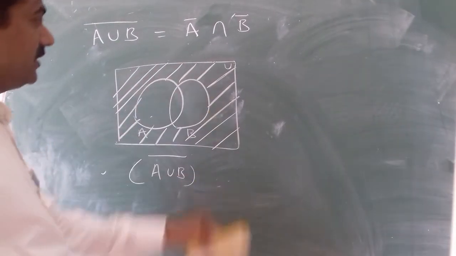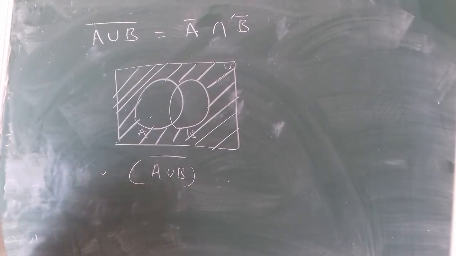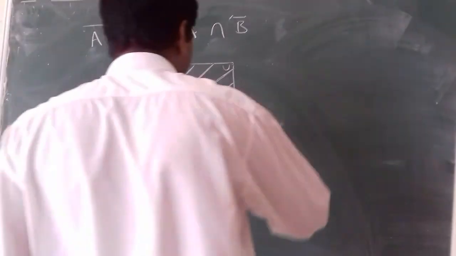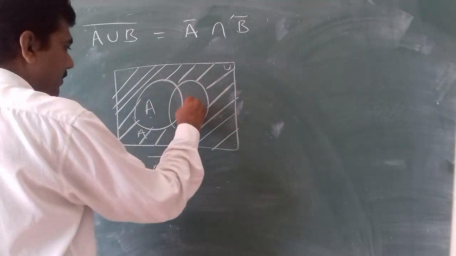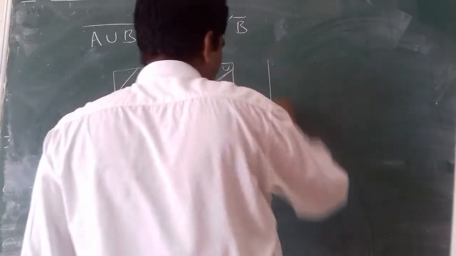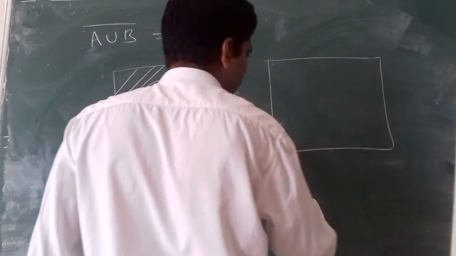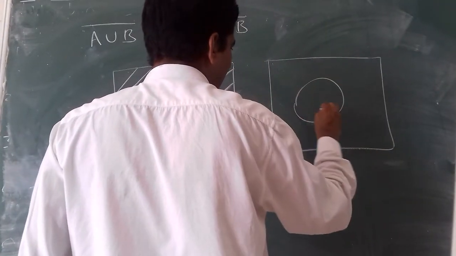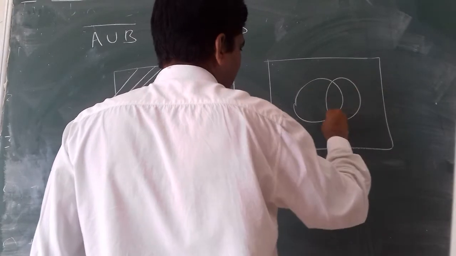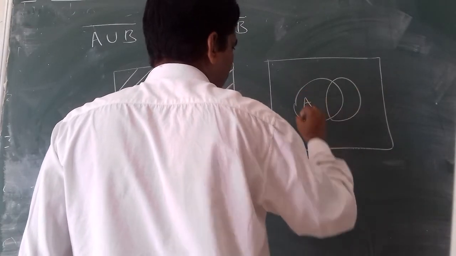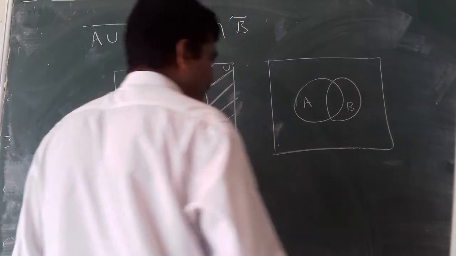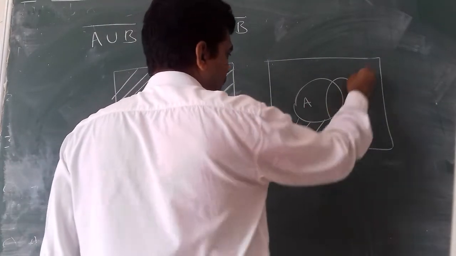Right. Now we'll see A complement intersection B complement. So right here A and B. Okay. So A complement is, as you know, A is a set, right? And A complement will be what? That is the portion apart from it.